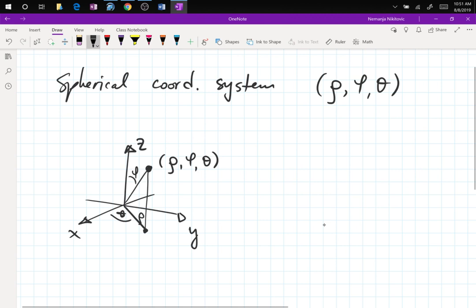The way you get this point is you draw the radius along the x-axis, then you rotate that in the xy plane to some angle, and then you rotate another angle up or down, depending on what kind of phi you have.